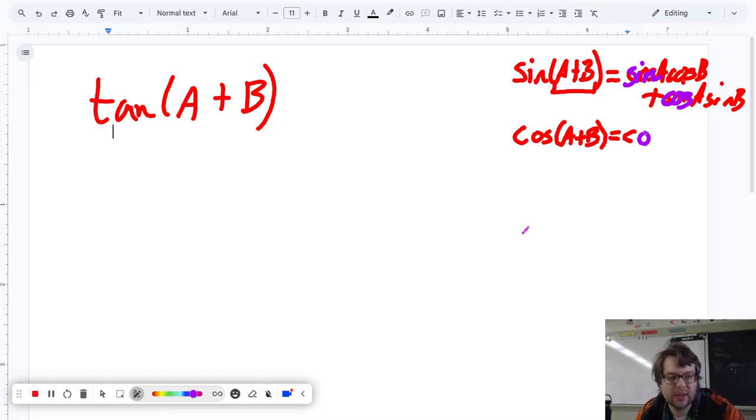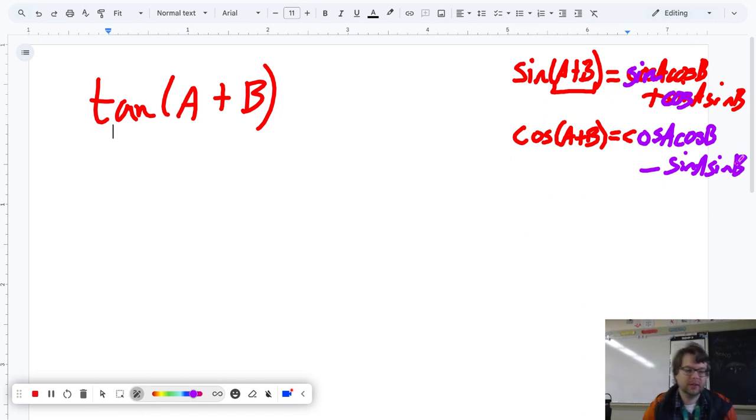Cosine of A plus B is cosine A cosine B minus sine A sine B. I think I've made 3 of these trig videos, and every time I've screwed up at least once writing these down. But they're correct now.